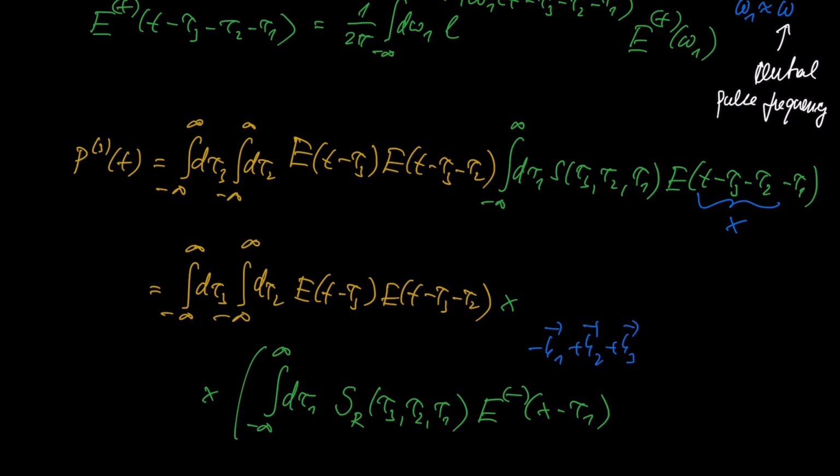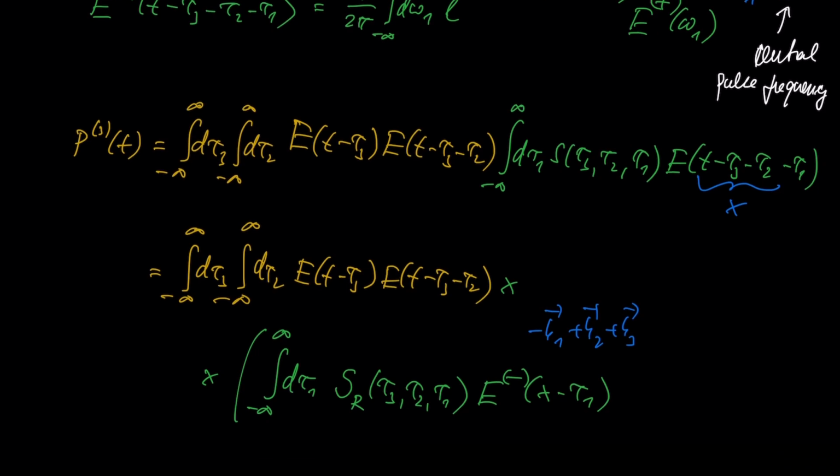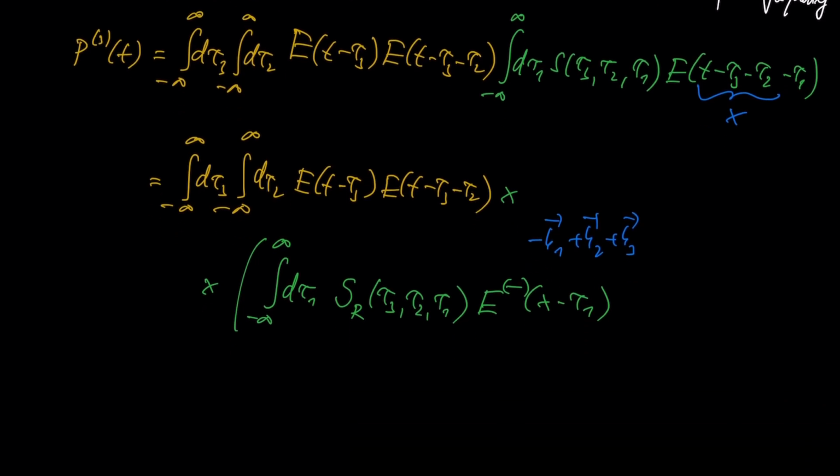So the first contribution, the first electric field, contributes with the negative frequency, because it has a negative k vector here. Whereas there is also a second contribution, which will be here plus the integral tau 1.